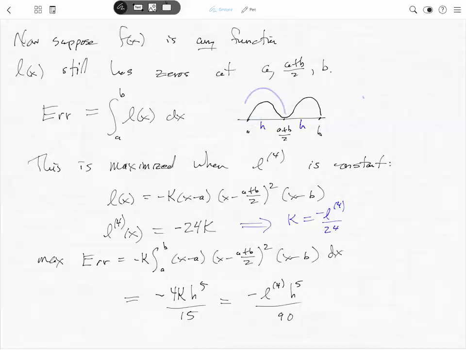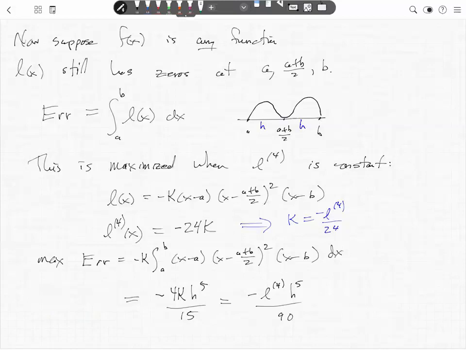Now, in this case, what we want to talk about is not the second derivative, but actually the fourth derivative. If you look at what's going on here, if this is the function, the first derivative, f prime, is going to look something like this.